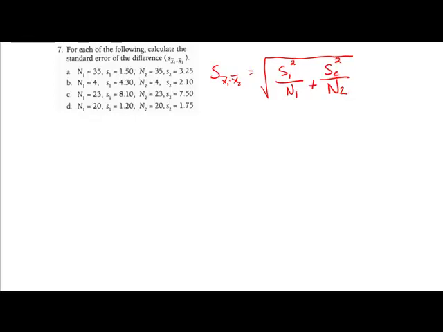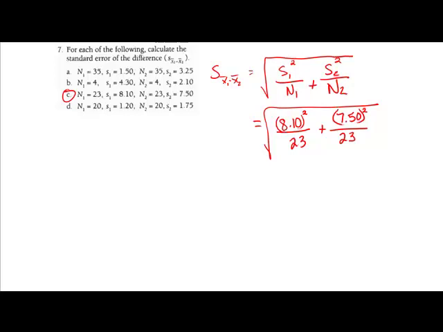So let's just plug all the numbers in. Let's go ahead and do C. S1 in C is 8.10. We're going to need to square that, divided by N1, which is 23, plus 7.50 squared, also divided by 23.